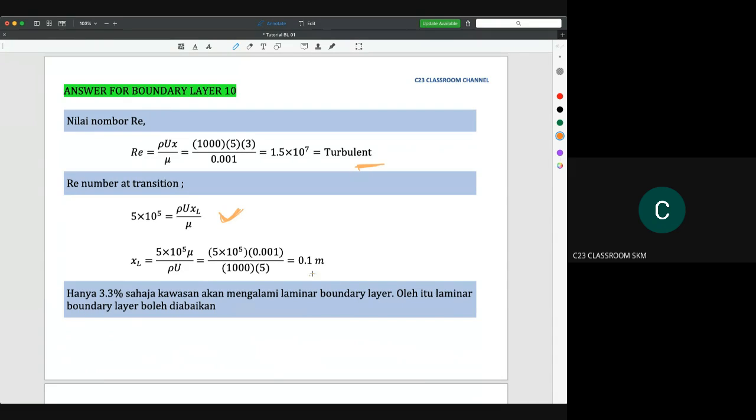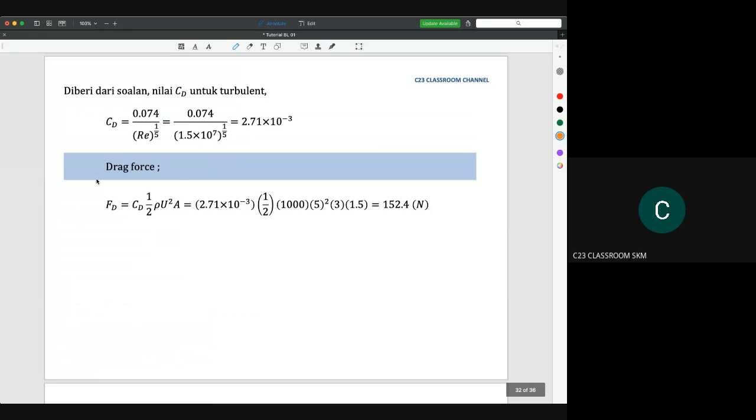We found it is 0.1%, which means it is just 3.3% of the total area. So we could say that the laminar boundary layer can be ignored. What ignore means here is you could assume that the total boundary layer that occurs in that situation is fully turbulent, meaning 100% turbulent.